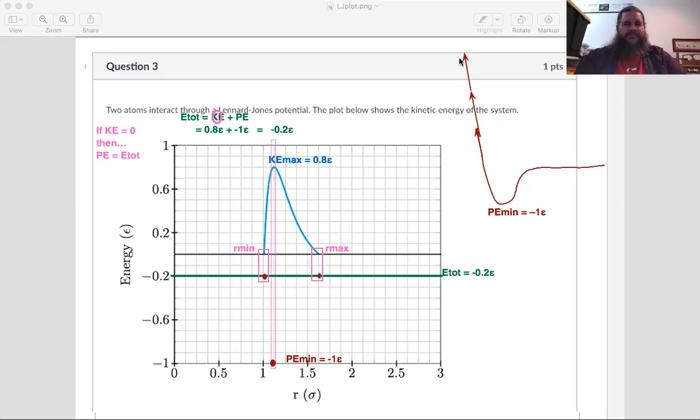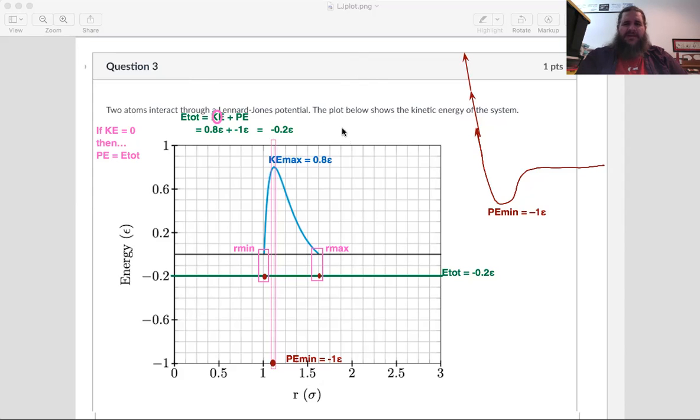But I think with those 3 data points, and also the information that it should approach zero as an asymptote, we should be able to draw in the rest of the graph. First of all, we should expect the kinetic energy to be a mirror image of a portion of the potential energy graph.